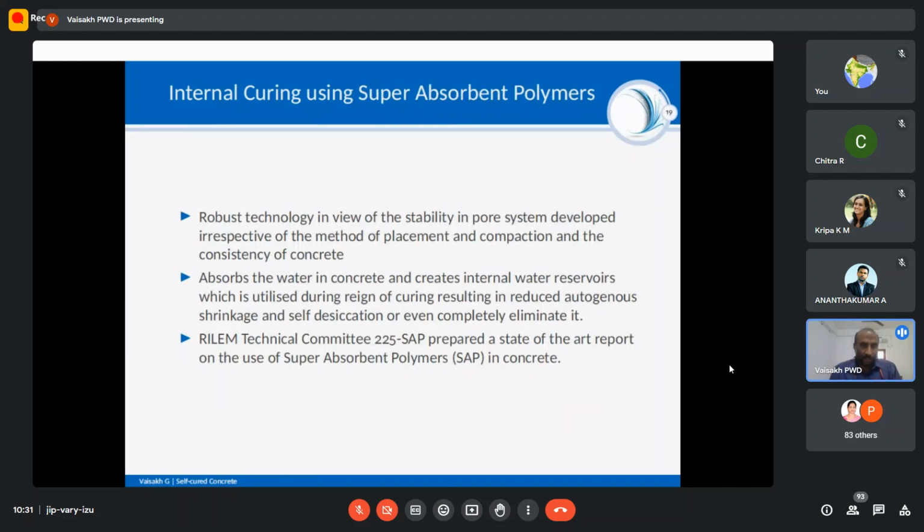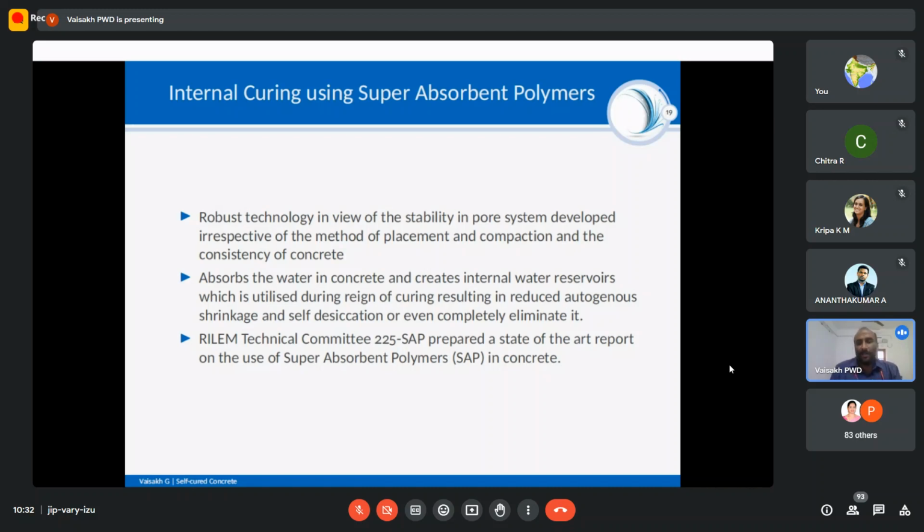It's a very robust technology because we can have the compaction and everything as usual. But the problem is when you are using porous aggregate, it may be affecting the strength. It is where the super absorbent polymers are very much useful because most of the super absorbent polymers are liquids which can easily disperse in water.